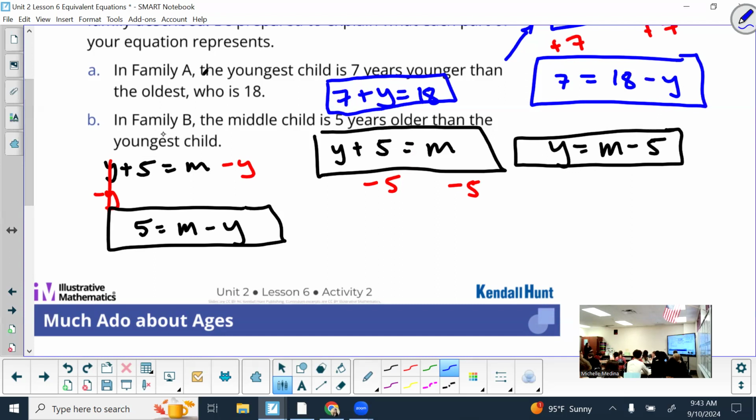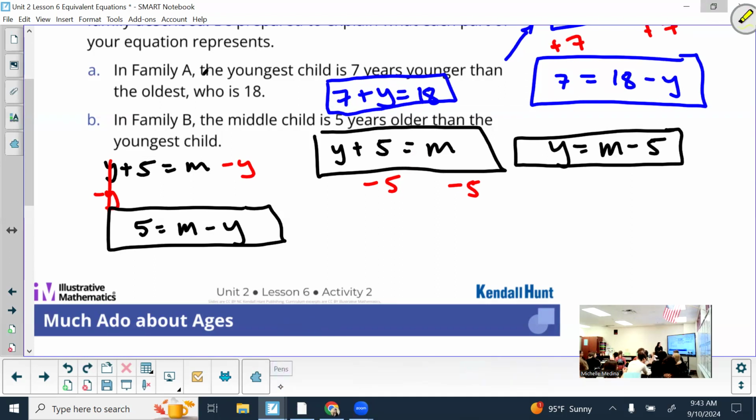Side note, when there's more than one variable in an equation, it's called a literal equation. And all you can really do to solve them is rearrange them. So yesterday when we went over these 3, we were trying to find all the different equations you could make to represent the middle child being 5 years older than the youngest child, right?